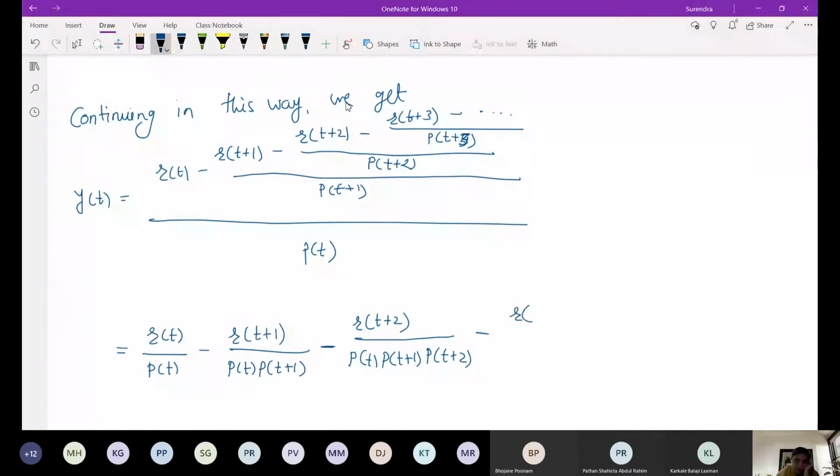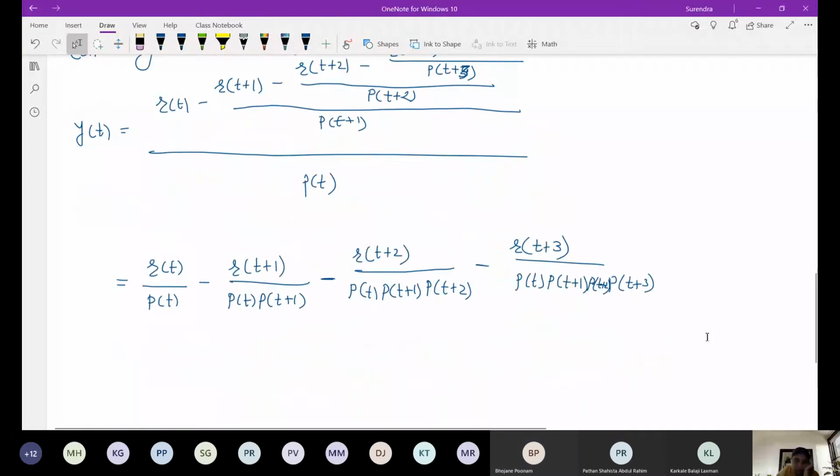R at t plus 3 divided by P at t plus 1, and so on, P at t plus 3, or I can write t plus 2 into P at t plus 3, and so on. Minus, next term will be R at t plus 4, and so on. Is that okay?